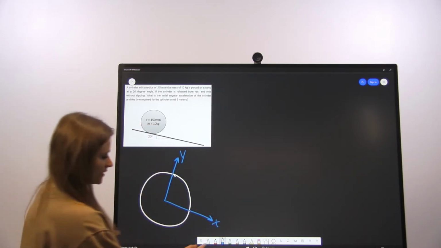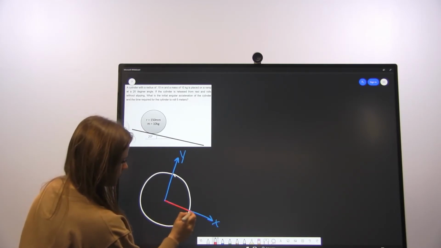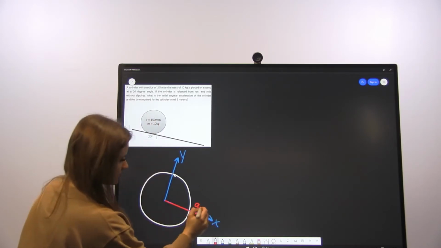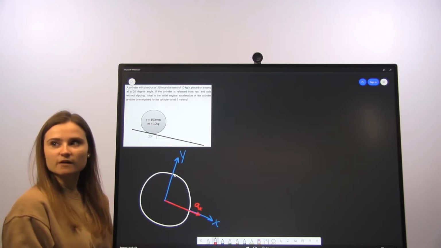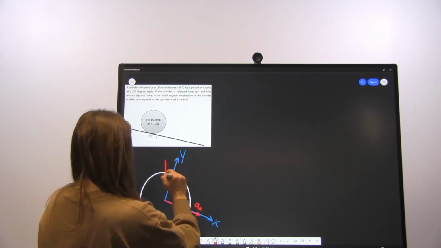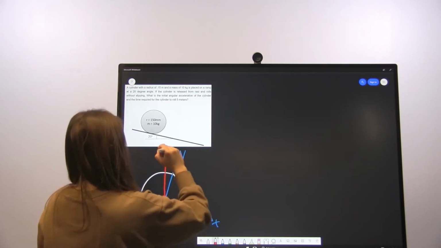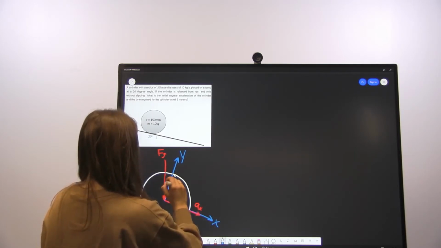So we first have our acceleration in the x direction, and then we also have our force of gravity, which is acting straight down on the center of this cylinder. And we have our theta value right here.